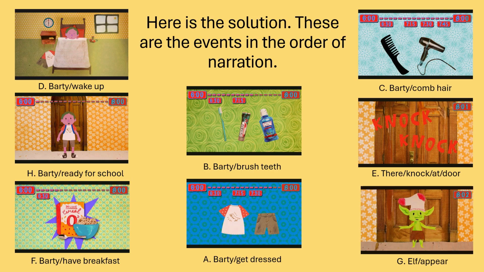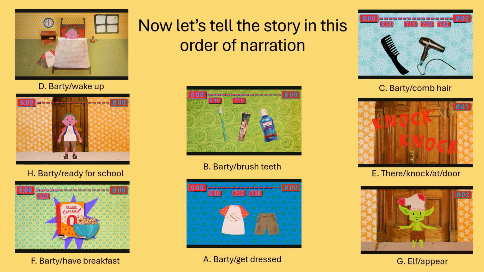Here is the solution. These are the events in the order of narration. D, H, F, B, A, C, E, and G. Now let's tell the story in this order of narration.